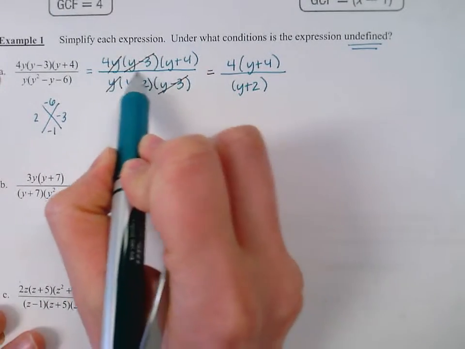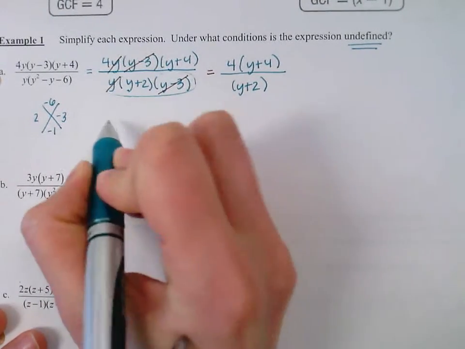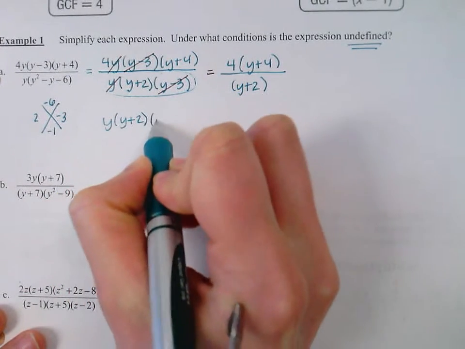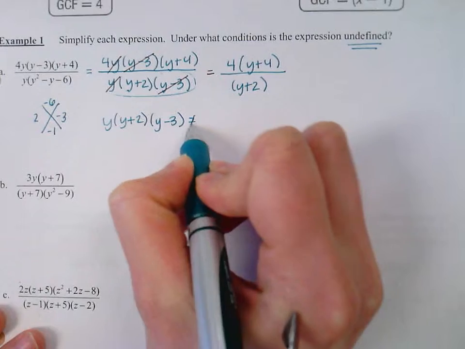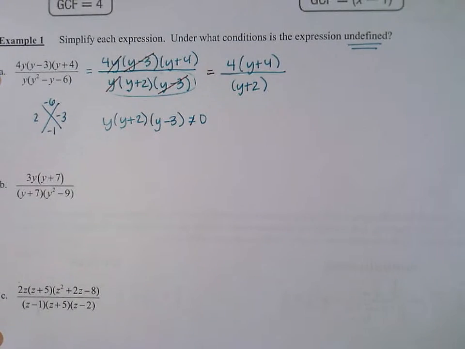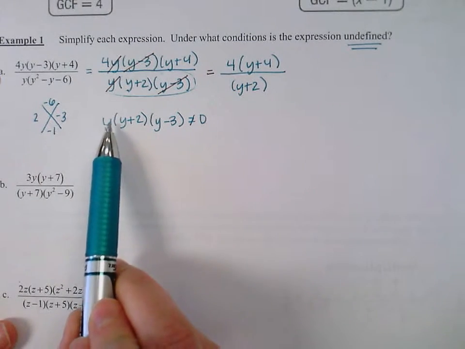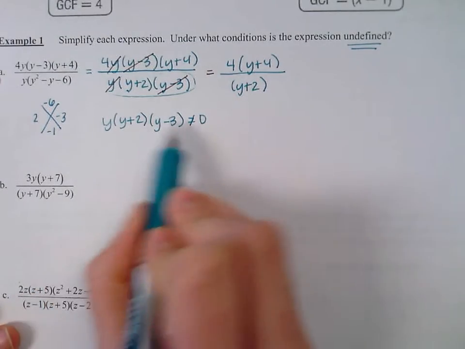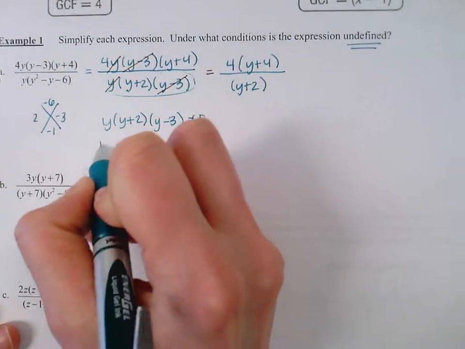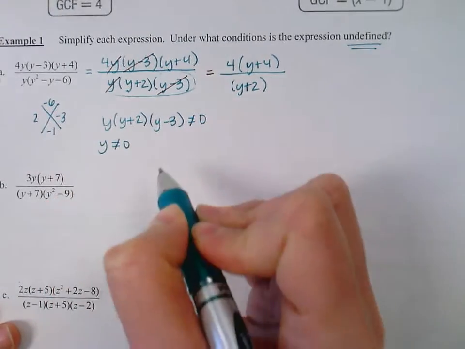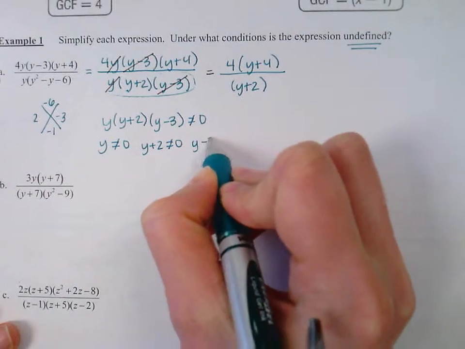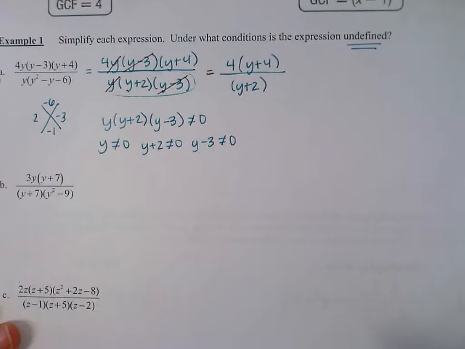So I know that this whole denominator, so y times y plus 2 times y minus 3, cannot equal 0. So then, just as when you factor and set it equal to 0, I would set each of these factors not equal to 0. So that means y itself cannot be 0, y plus 2 cannot be 0, y minus 3 cannot be 0.